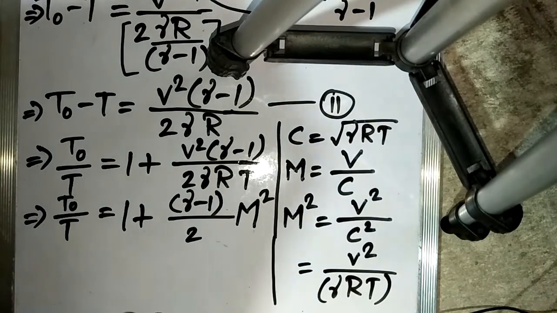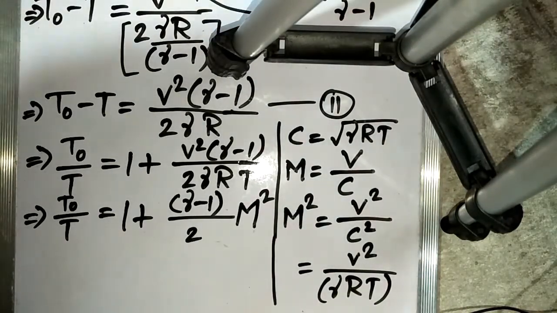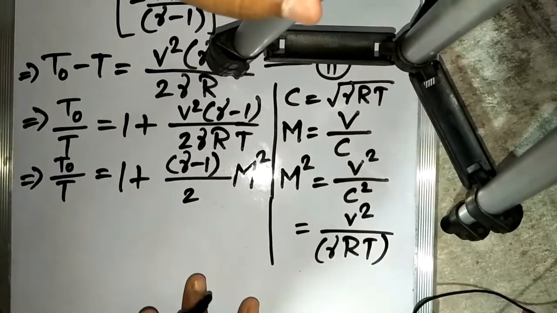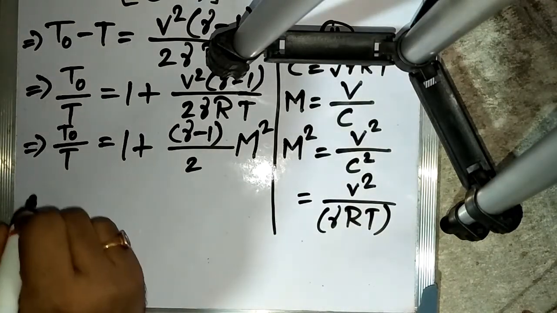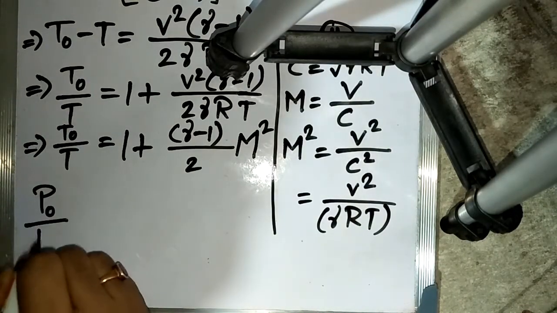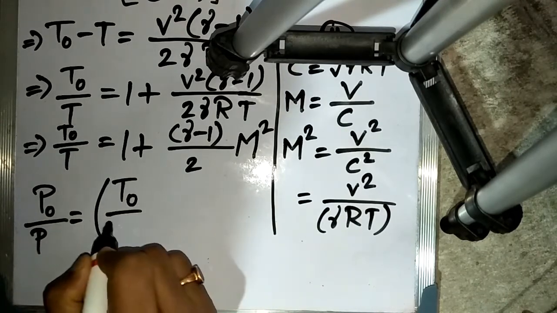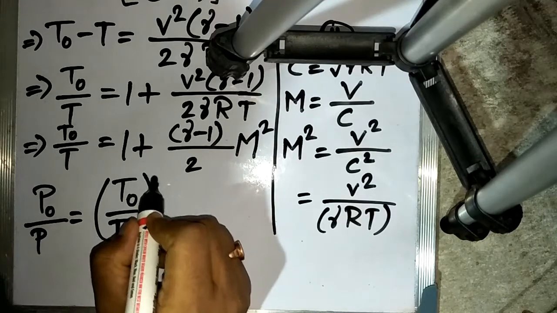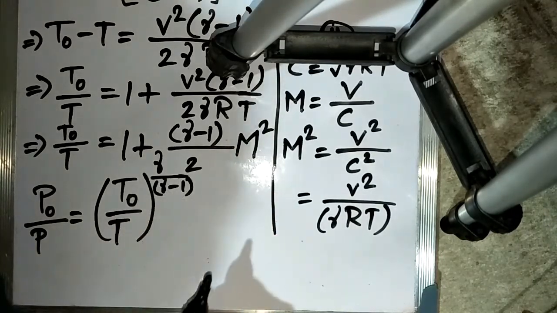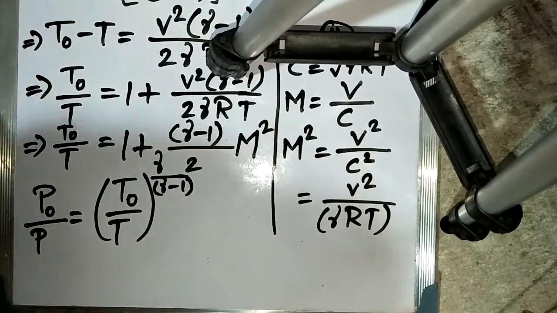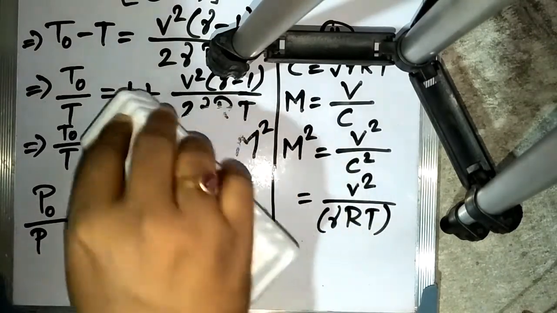Another thing is the relation between the stagnation pressure and static pressure. We know that P0 by P equals T0 by T to the power gamma by gamma minus 1. This is the relation between the static pressure and the stagnation pressure.